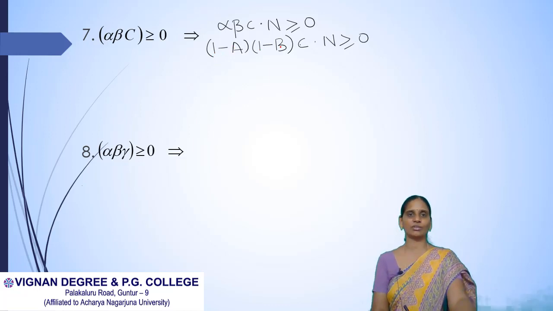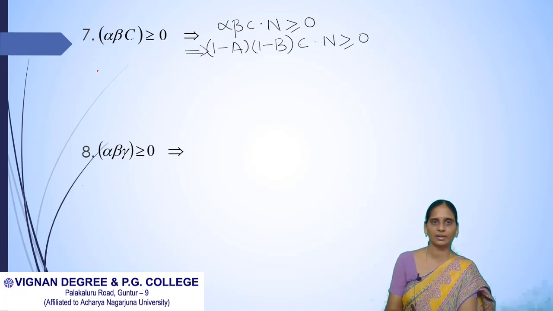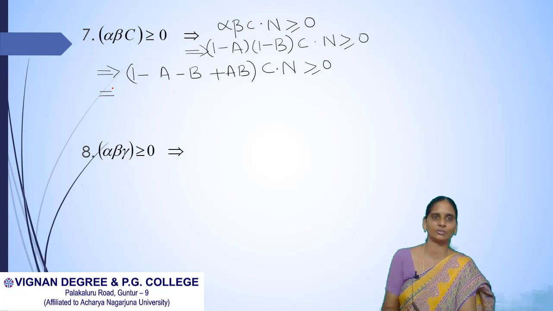After the multiplication of 1 minus A into 1 minus B, we get 1 minus A minus B plus AB. The remaining letter is C into N, which is greater than or equal to 0.